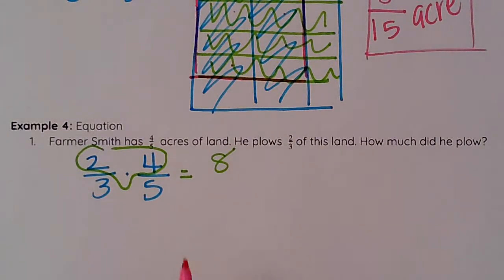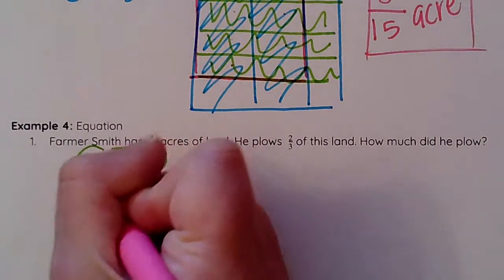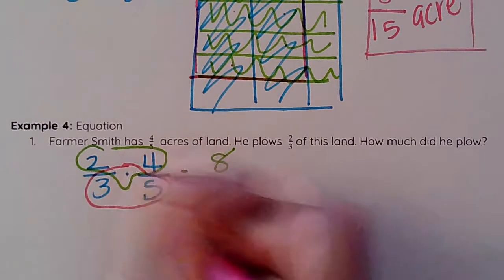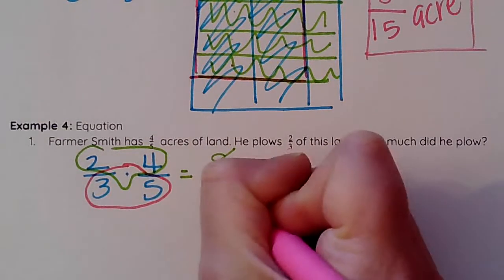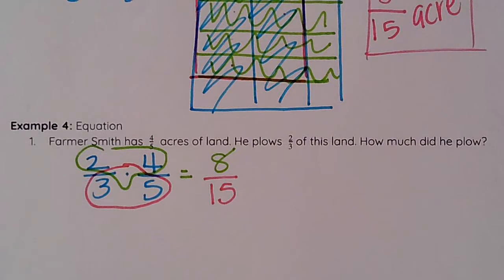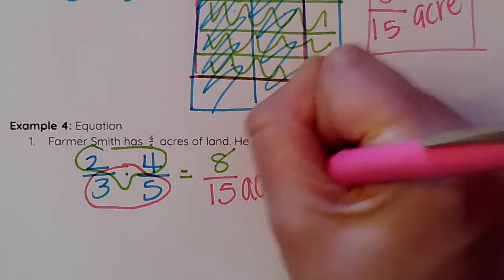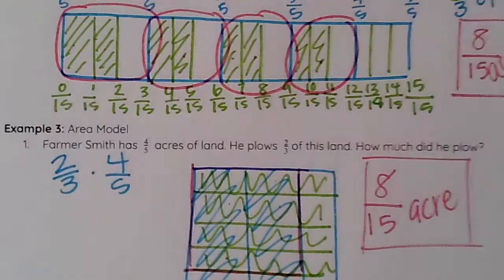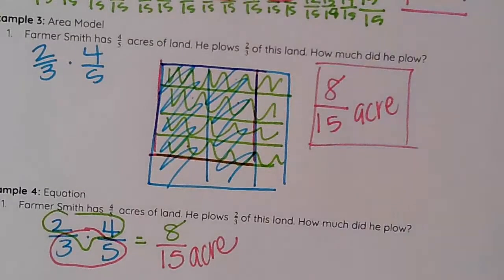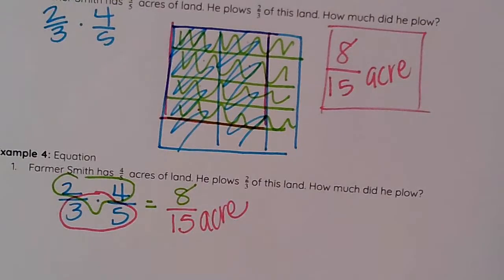Then I multiply my denominators. 3 times 5, 15. And that's it. If I can simplify this, I will. But in this case, I cannot divide 8 and 15 by the same thing. So therefore, my answer, just like in the other examples, is 8/15 acre.